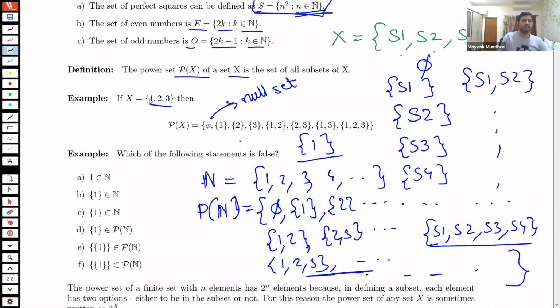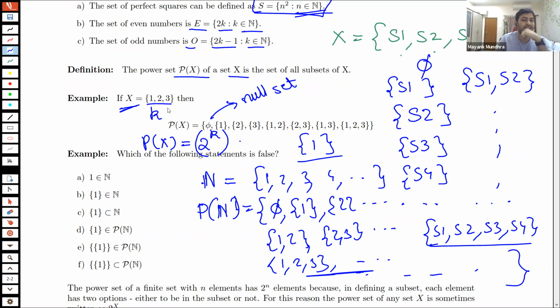In general, if any set X has k elements in it, then the power set of X will have 2 to the power k elements. This is a simple permutation and combination question.